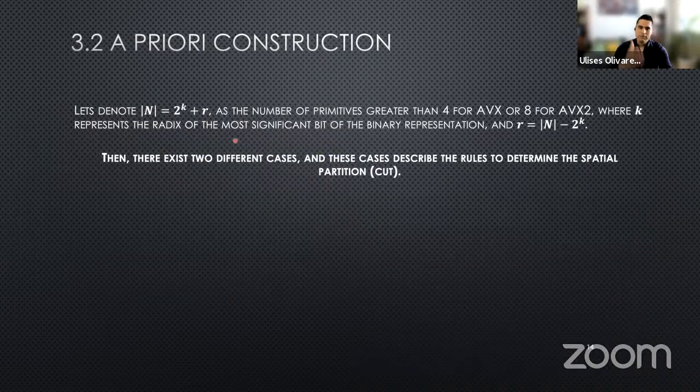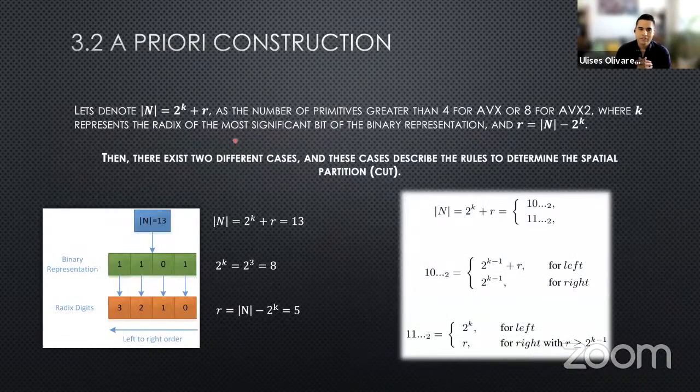In order to partition that geometry, we need to assign a specific number of primitives per node. So we're going to start from the binary representation of the number of primitives, or the number of polygons, that we're going to have in a specific node. And then we're going to define the cardinality of n as a number of primitives. In this case, let's assume we have 13 primitives.